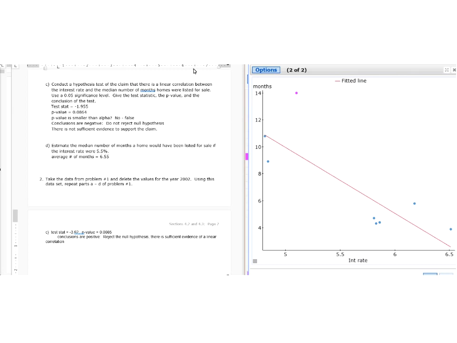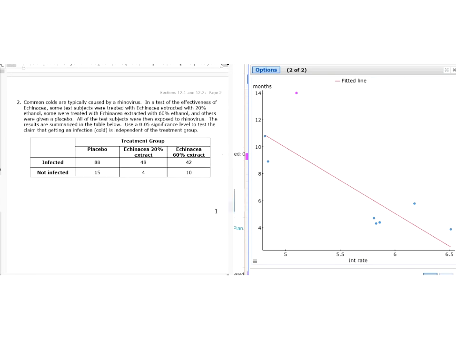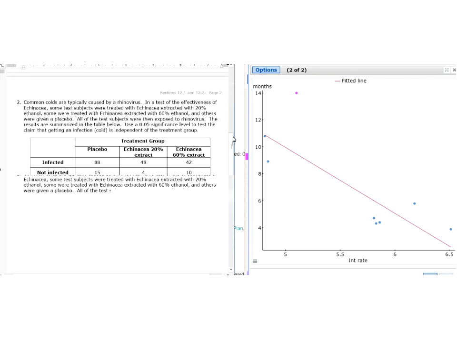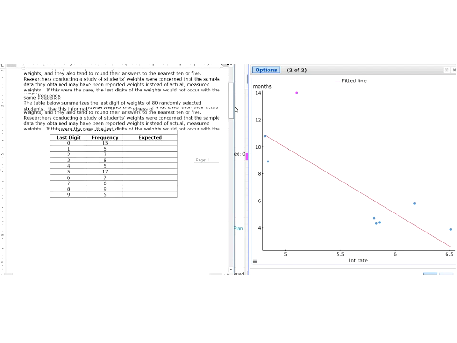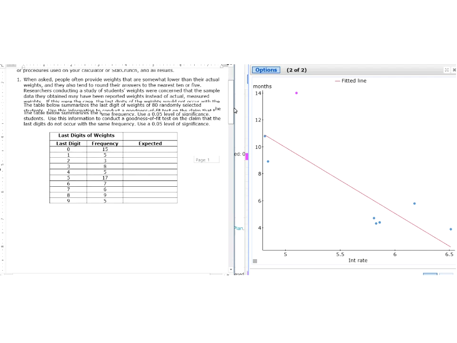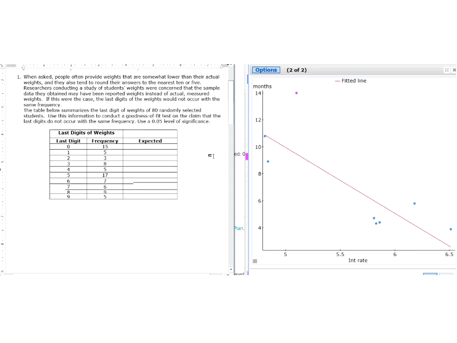Okay, so the next thing we're going to look at is the material from chapter 11. We're going to start with the goodness of fit tests. This first one is about weights that are reported or actually measured.